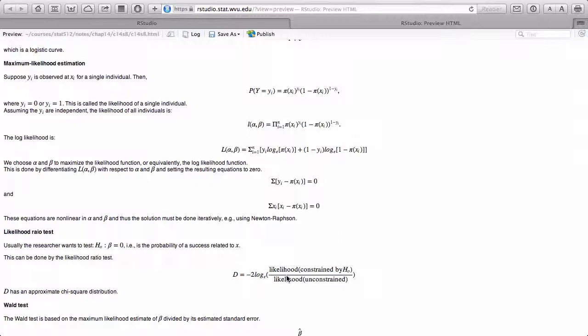So if I have the log of a quotient, a likelihood constrained by the null over a likelihood that's unconstrained, and I take the log of that, it'll be the difference in the logs. It's sort of like a product.